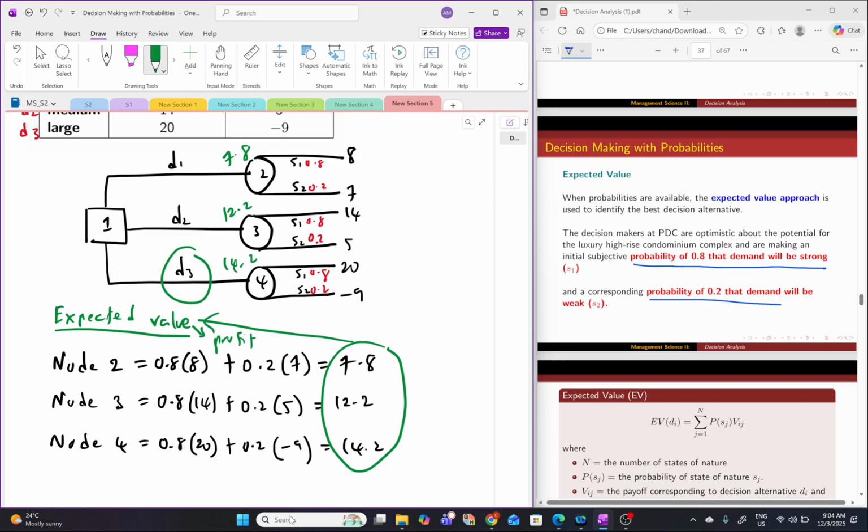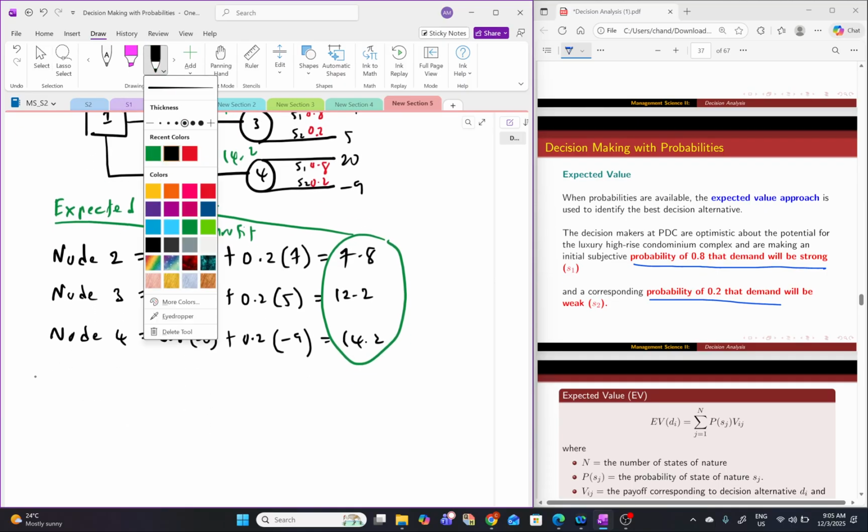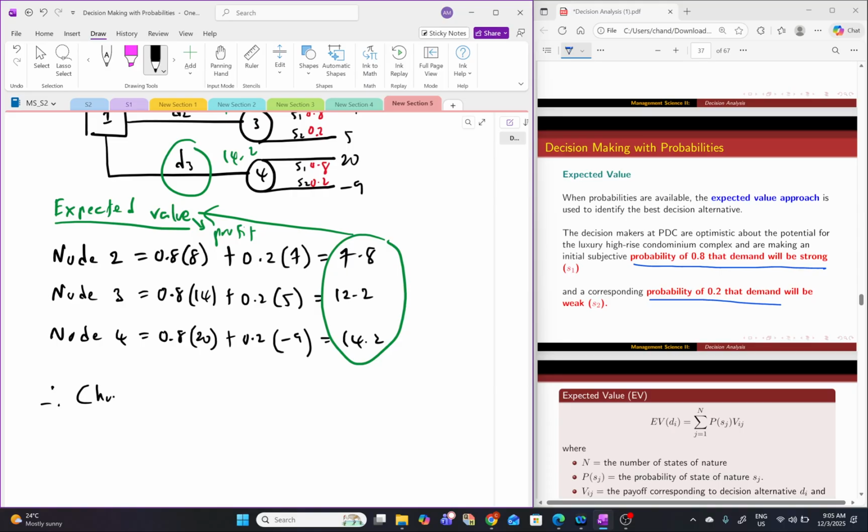Find the expected value and see which one is higher. So the answer here for this one is to choose D3, large condo.